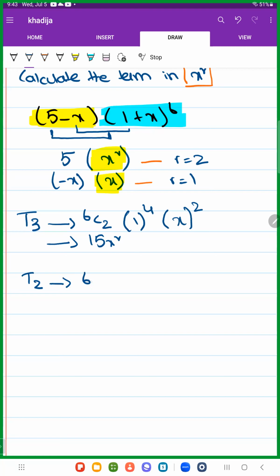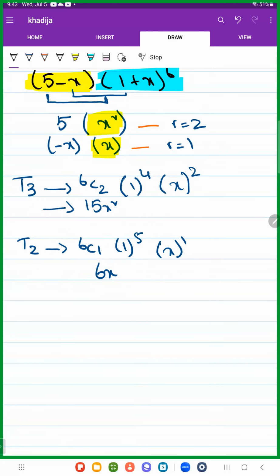So 6C1, 1 to the power 5, x to the power 1, which will give you 6x.